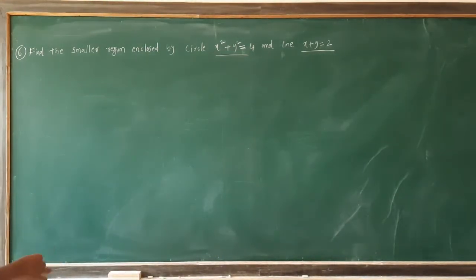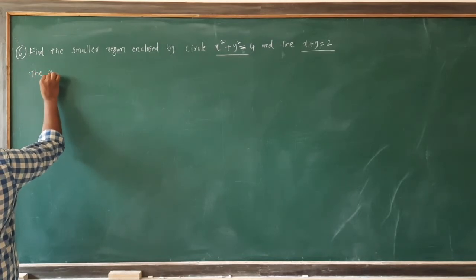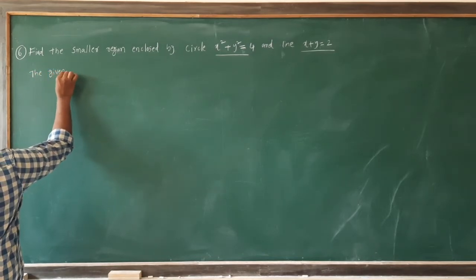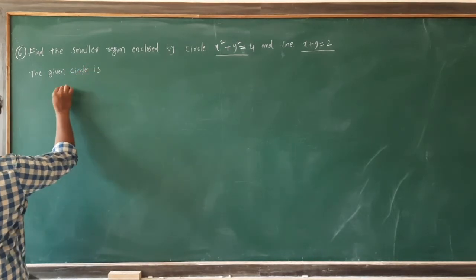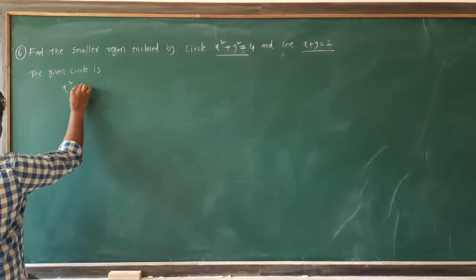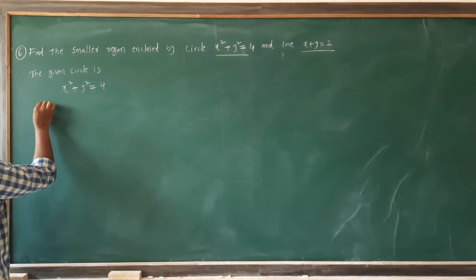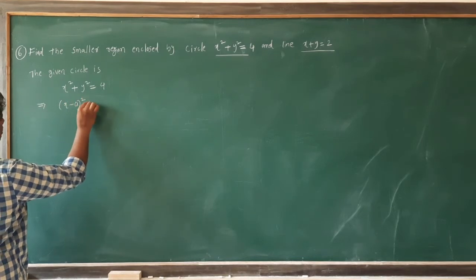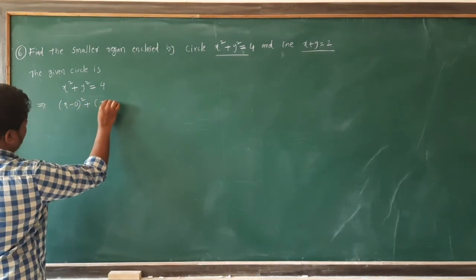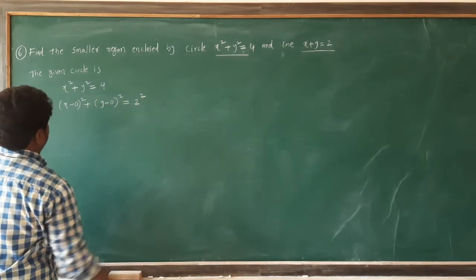First we draw the circle. The given circle is x square plus y square is equals to 4. This will be written like this: x minus 0 whole square plus y minus 0 whole square is equals to 2 square.